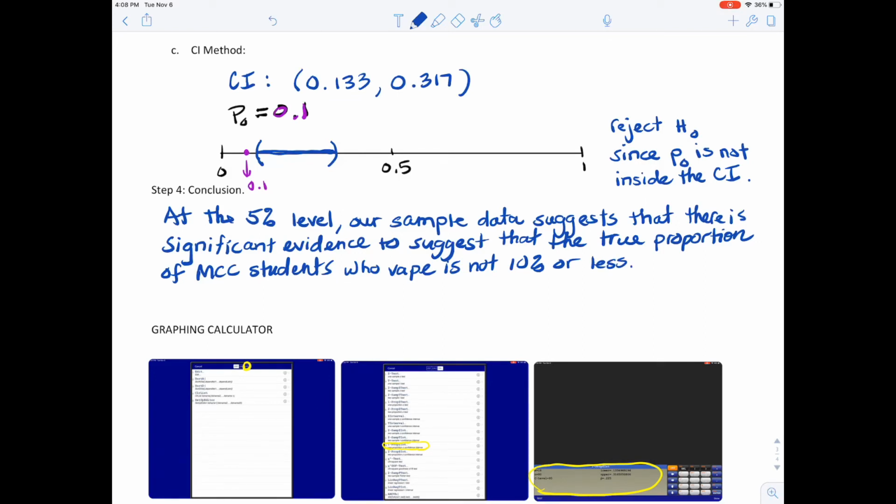Okay? So, yeah, it sort of suggests that it's more now, right? But you don't accept the alternative. You just either reject or fail to reject the null. Okay? So we want to put our proper conclusion.